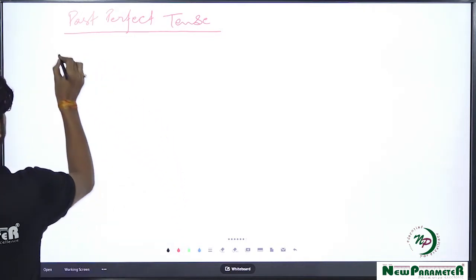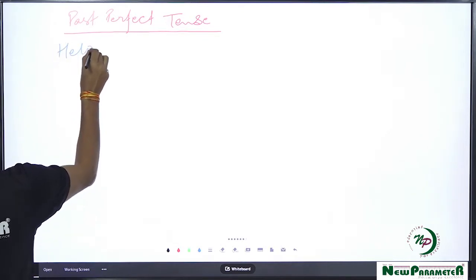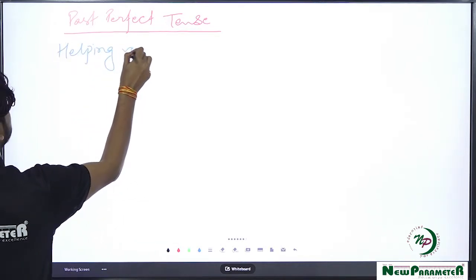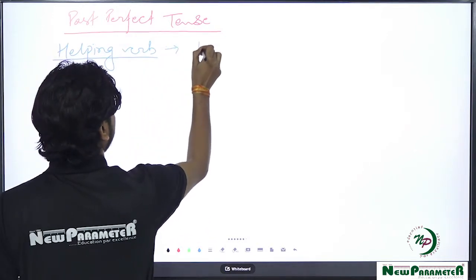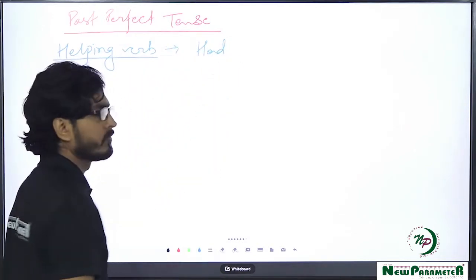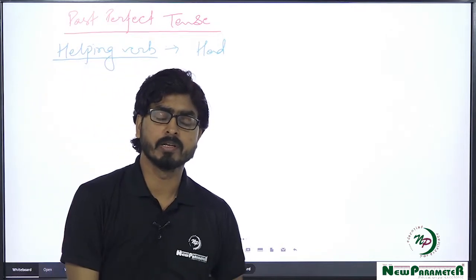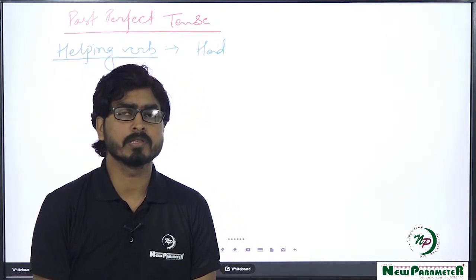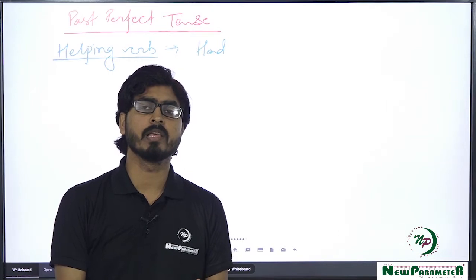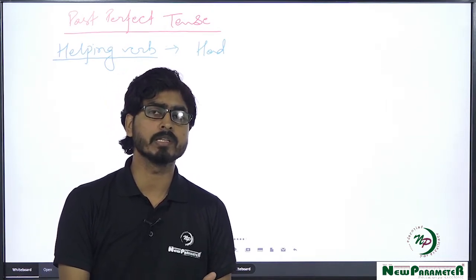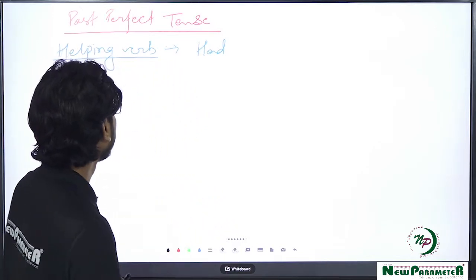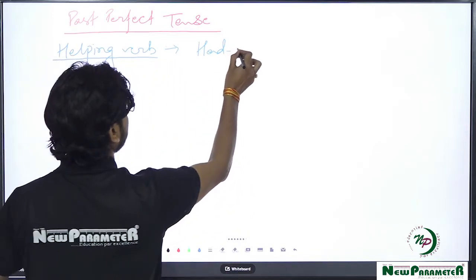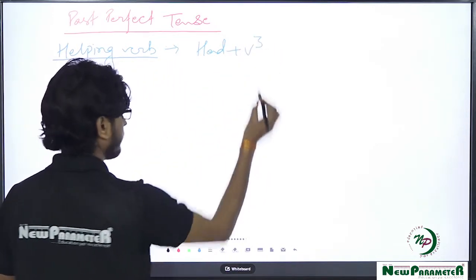First of all, we'll see the helping verb. We use had. Had goes with each and every subject: I, we, they, you, he, she, it, name, singular, plural, for each and every subject. So whenever we use had, we must use the third form of a verb.